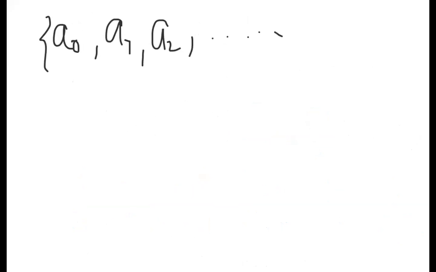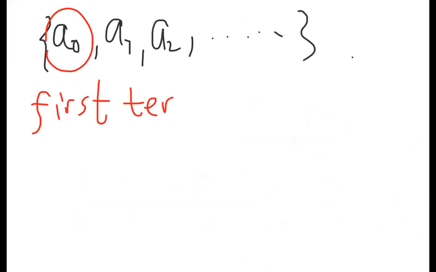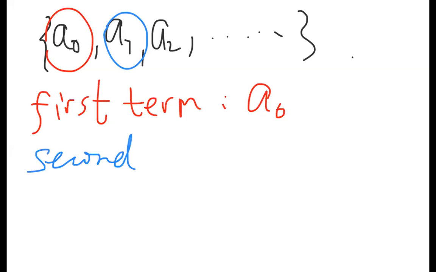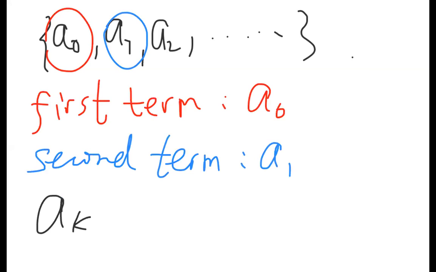However, if we start with a0, then the first term becomes a0, the second term becomes a1, and when you have ak, it's actually the (k+1)th term.